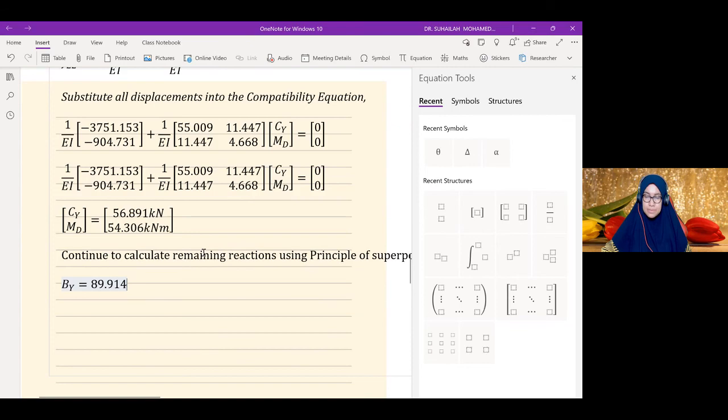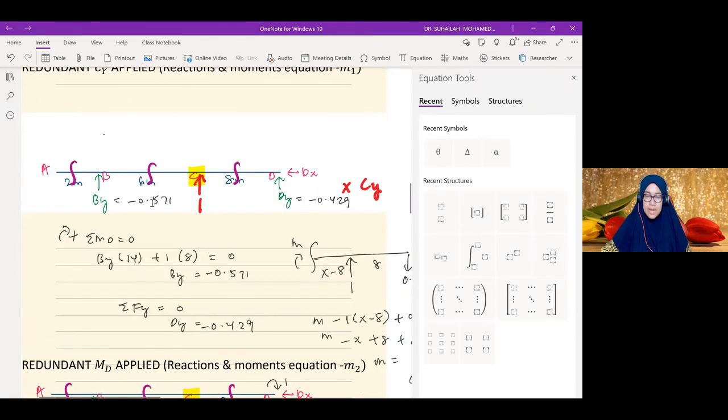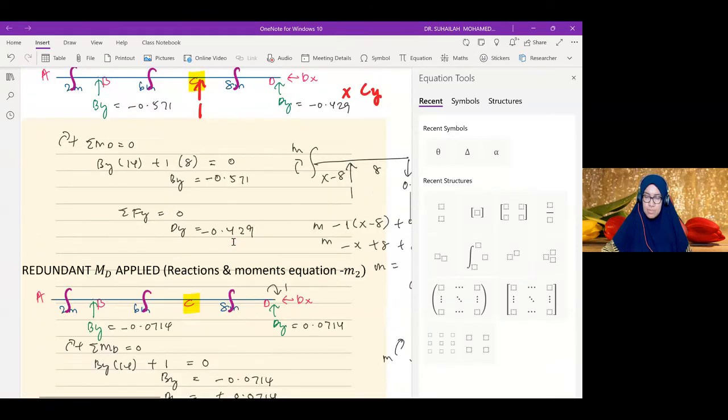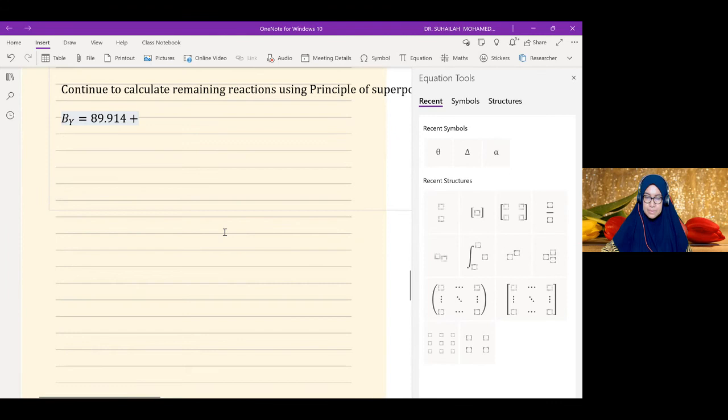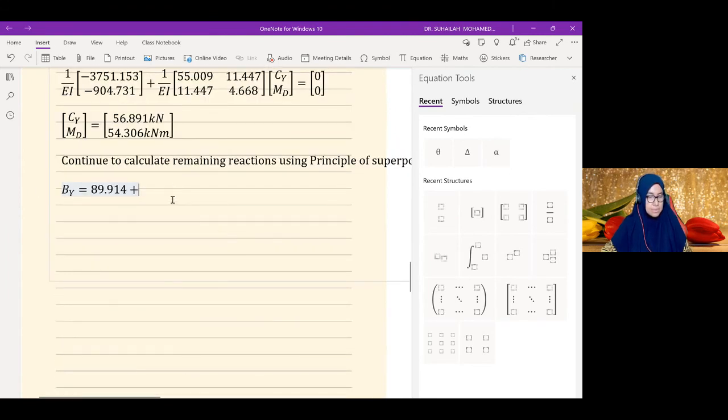Okay, we plus with negative 0.571, so minus 0.571. The first redundant is CY.